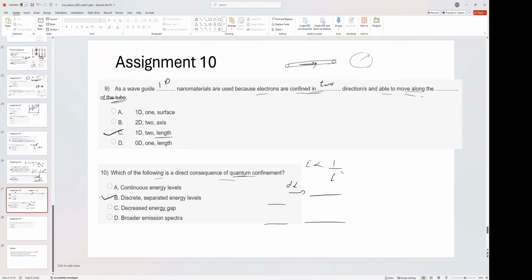Does the energy gap increase or decrease? Continuous energy levels become discrete, separate energy levels.